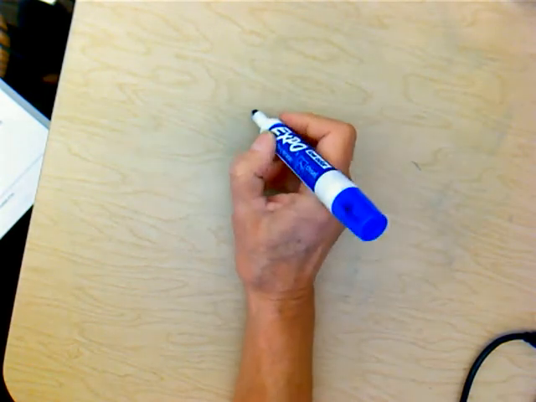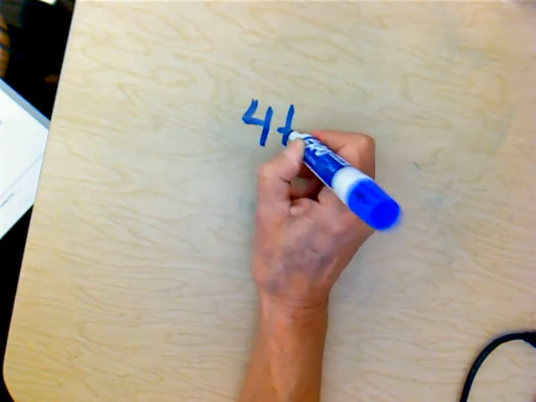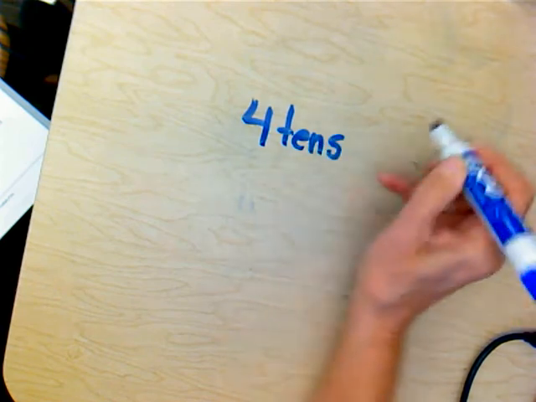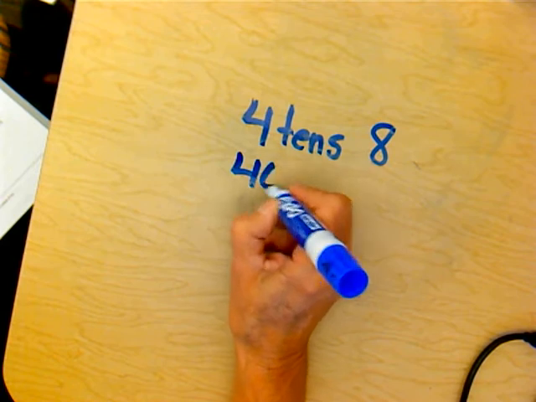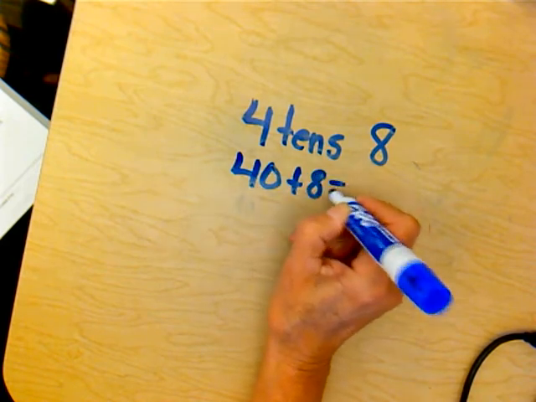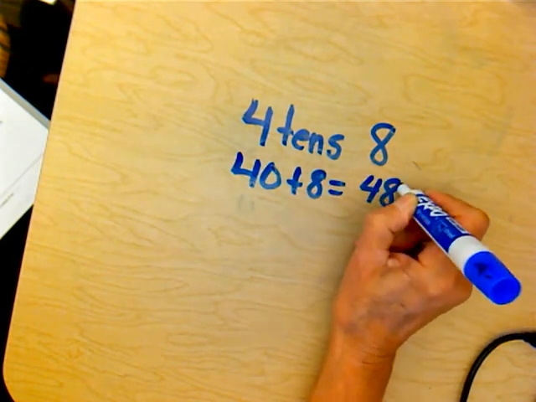All right, very excellent. All right, so now let's do this little practice and see how we do. So, if I had 4 10s, 4 10s 8, that would be the same as 40 plus 8 equals 48.